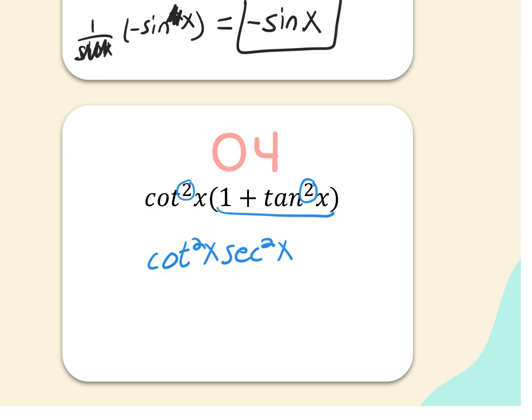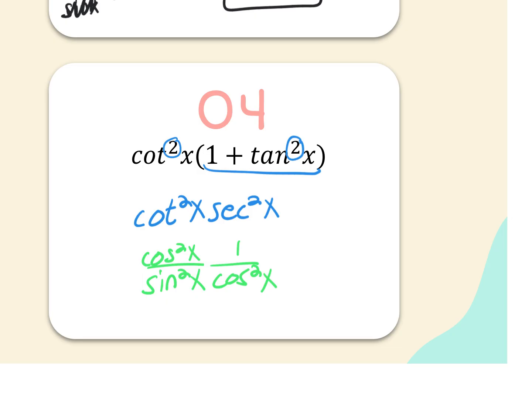Right, we have that cotangent squared x is the same as cosine squared x over sine squared x. And then secant squared x is the same as 1 over cosine squared x. All right, and then notice now the cosine squared x's cancel out. You're just left with 1 over sine squared x.